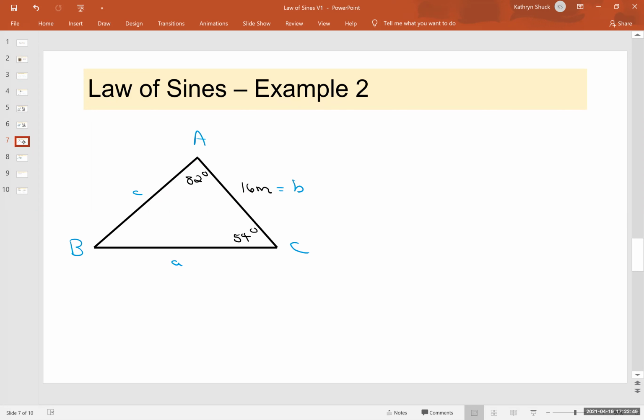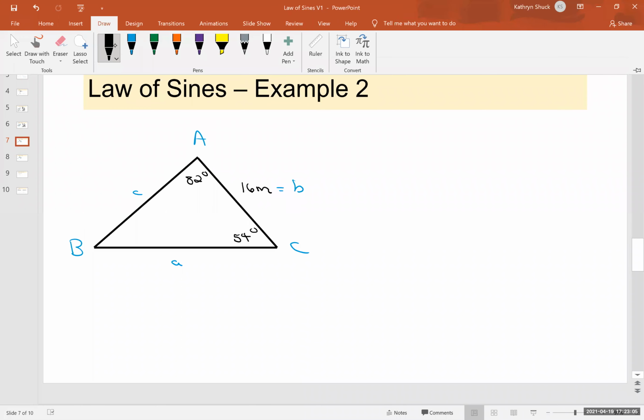So once we've done that, you see we know side B, but not angle B. We know angle A, but not side A. We know angle C, but not side C. But that's okay. Why? Because we can use the fact that the sum of the angles is 180 degrees to find angle B, and then we will have a known ratio, and we will be able to use the law of sines.